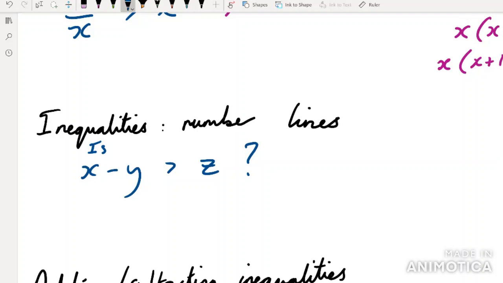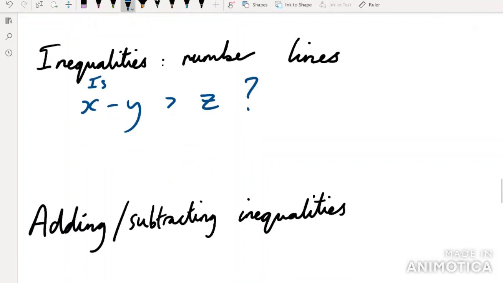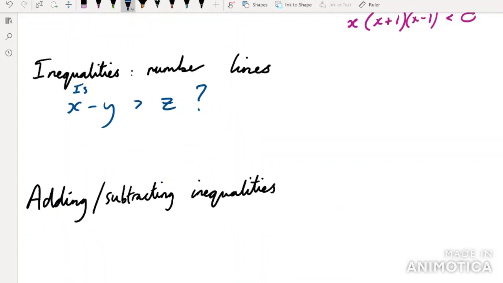In general, as soon as you see these kinds of questions, you need to start thinking about number lines, where you can start ruling out what various values each thing can take.